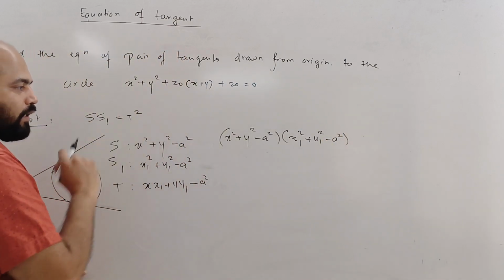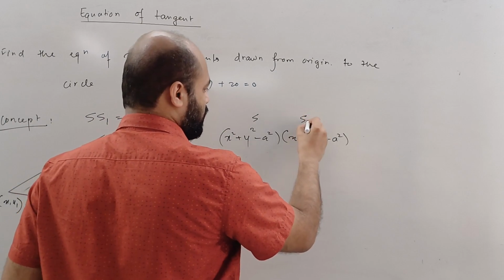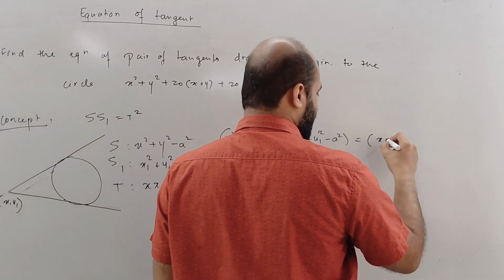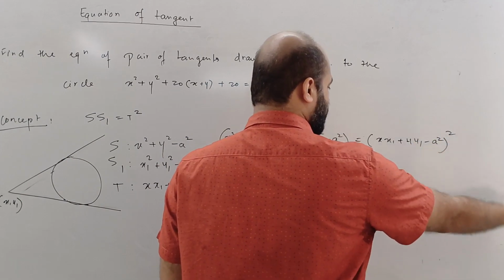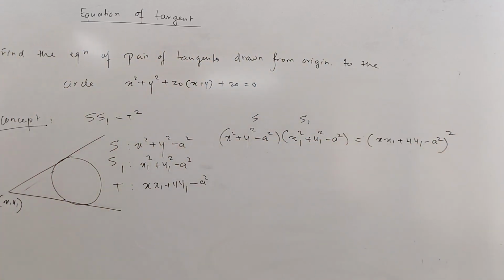So S and S1 are written now. This is S, this is S1, and T square is going to be x x1 plus y y1 minus a square, the whole square. This is the equation of the pair of tangents written together.